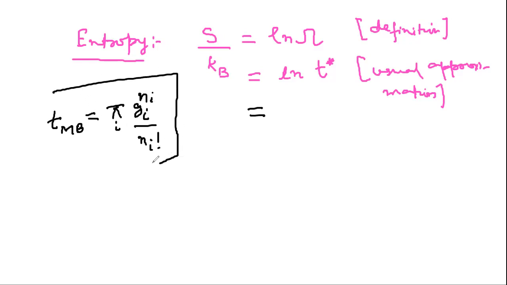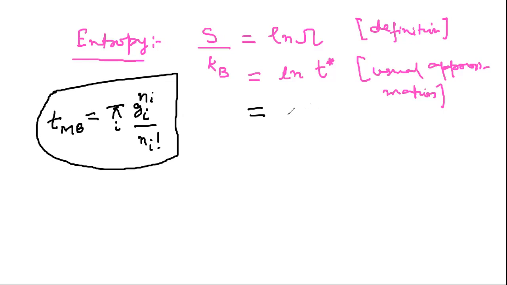This is our counting principle for Maxwell-Boltzmann statistics. Product over all i groups g i raised to the power n i divided by n i factorial. So we will put this for our T star. This expression is the most probable distribution, so it is T star, not just T.